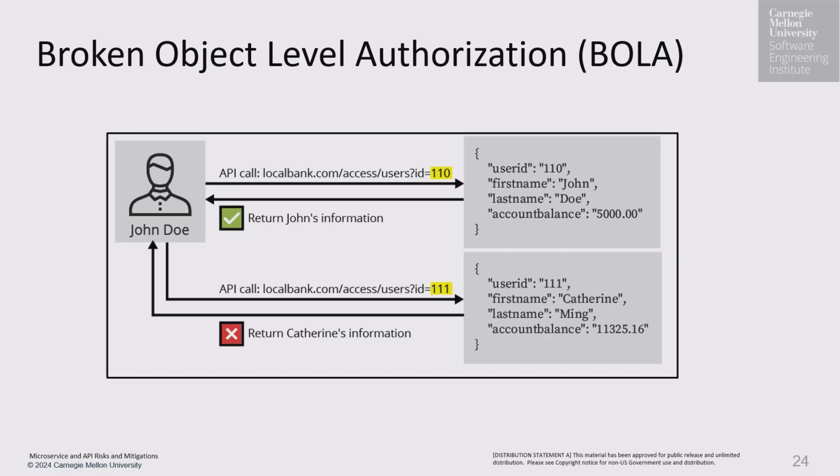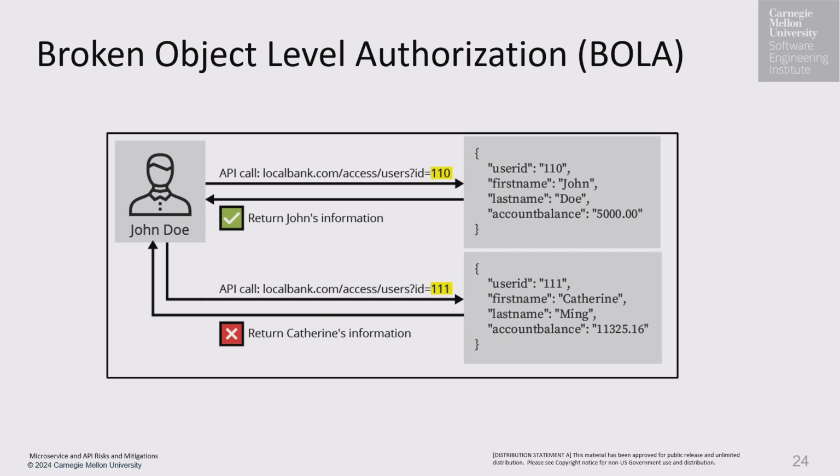The first is broken object level authorization, or BOLA. This happens when someone that is authenticated into a system is able to access an object that they should not be able to access.